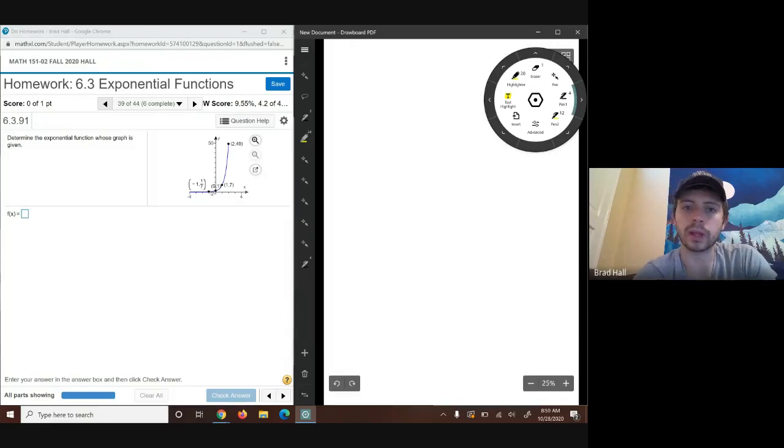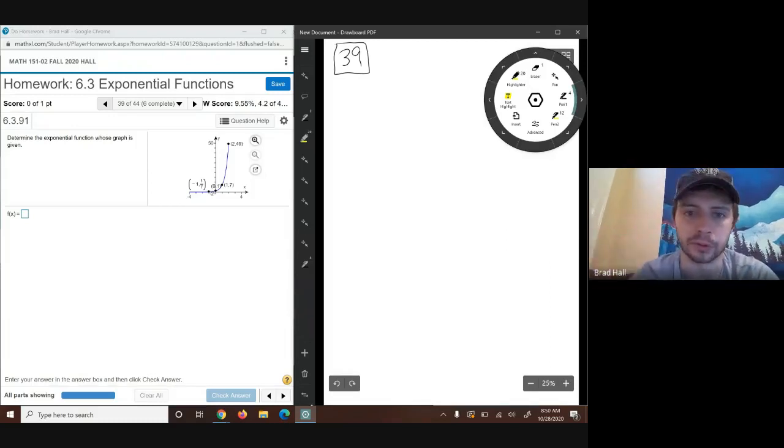So we have a graph over here, and we're supposed to figure out the exponential function. It turns out that this problem is very similar to the problem that we did that had the table of values, if you remember that one. It's the exact same problem.